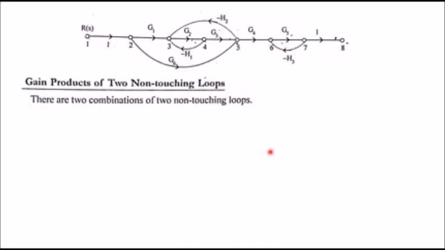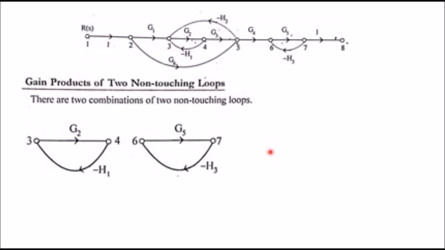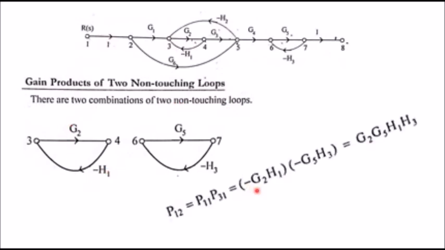So we can see we have two possible pairs. There are two combinations of two non-touching loops. One is this one, whose gain product is minus G2H1 into minus H3G5, which is nothing but G2G5 H1 H3.